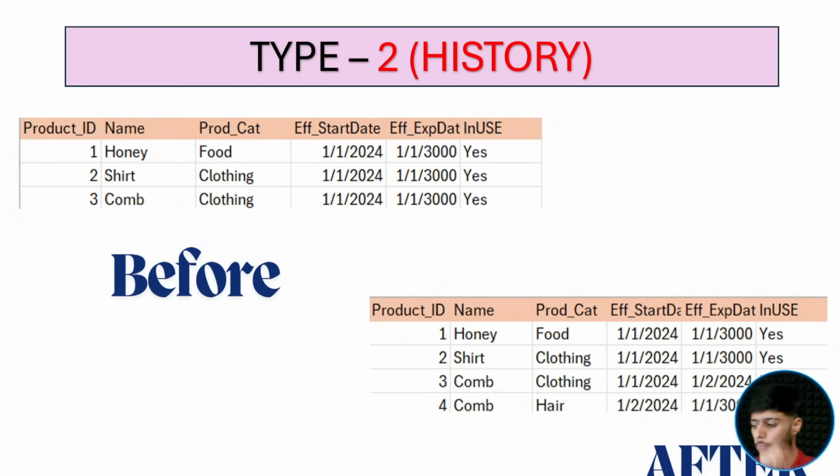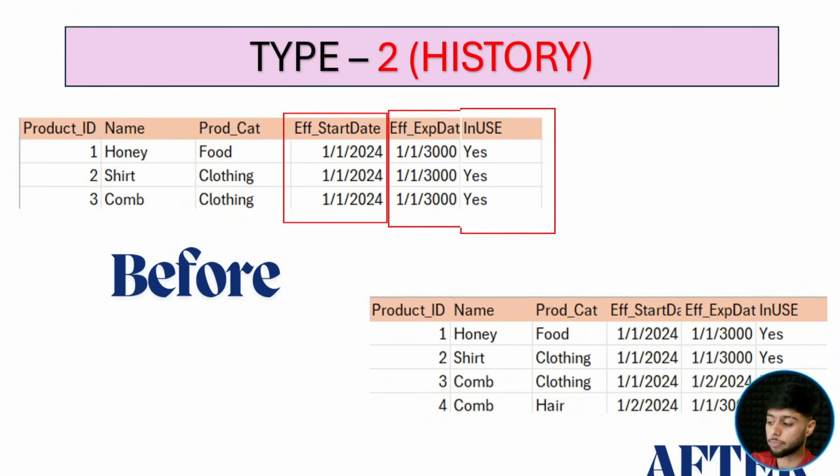How can they do it? In this, we achieve this scenario using three additional columns. Whenever we create a dimension table, we add these three columns on top of it. One is effective start date, second is effective end date, and third is in use. In use means whether this particular value is in use right now or not.